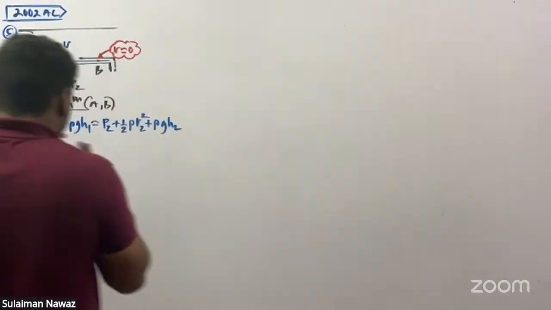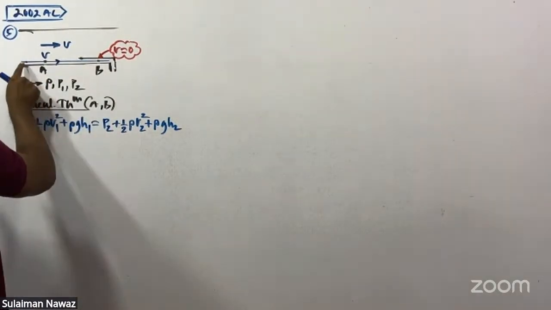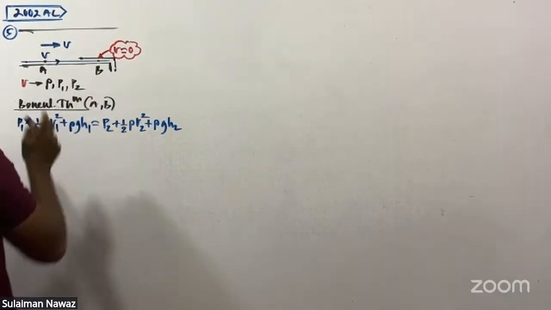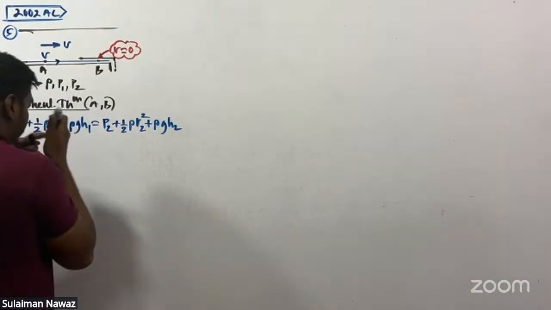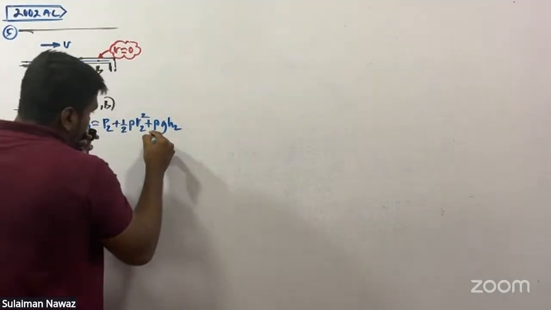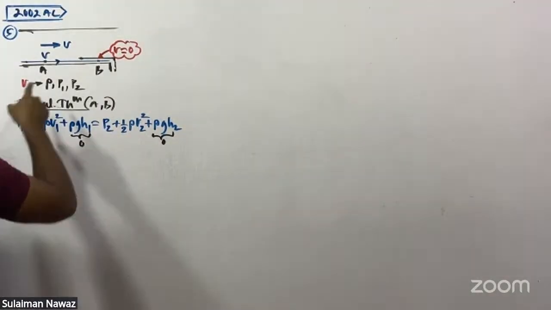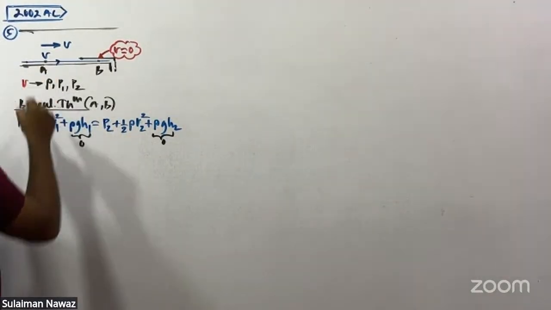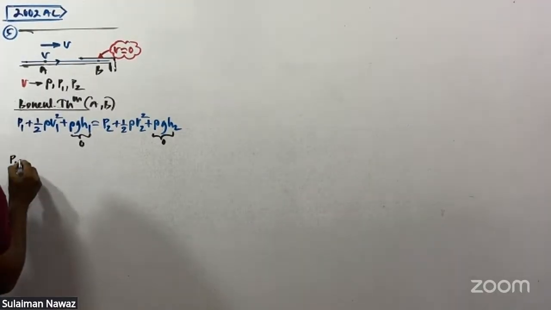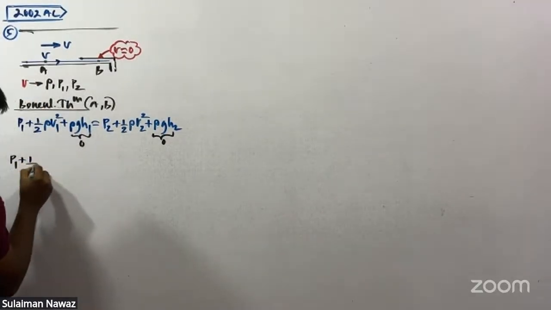And when you consider point capital A and point capital B, they are on the same horizontal level. Let's assume this horizontal line has zero potential level. So then we all know that the rho g h terms, the potential energy per unit volume terms, become zero. Then what remains is the pressure at point A, which is P1, plus the velocity of the fluid at point A, which is V, half rho V square.